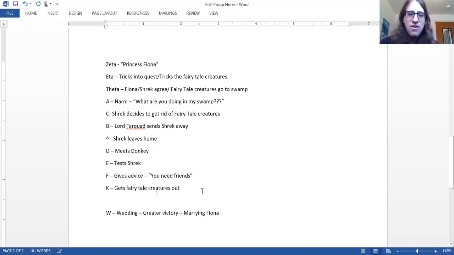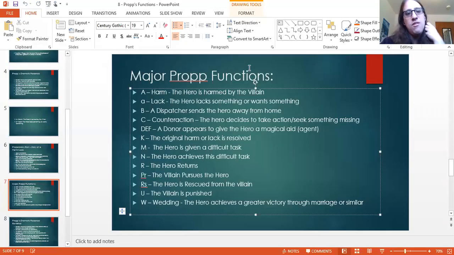But if we look at some stuff that happens before then, what else have we got in this story here? Some of the more common ones are the hero has a difficult task and the hero overcomes this difficult task. That's letters M and N. So arguably we see this in the story. So M and N are the difficult task.